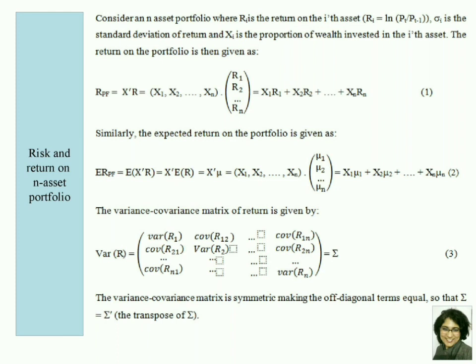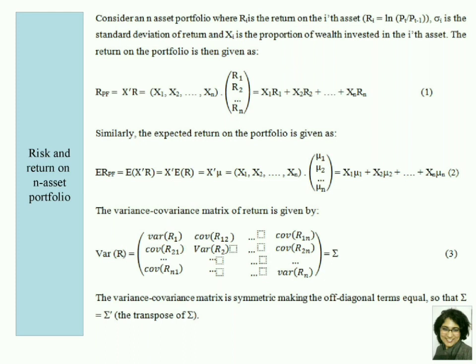So covariance R12 is the covariance between the return of the first asset and the return of the second asset. This variance covariance matrix is symmetric. So these off diagonal terms are equal. So covariance of R21 will be equal to covariance of R12. Therefore, sigma is equal to sigma transpose.